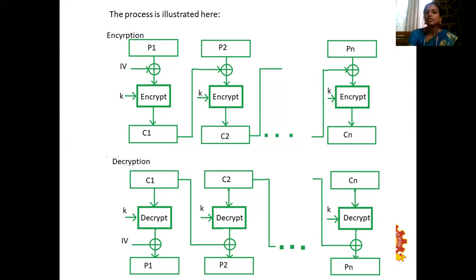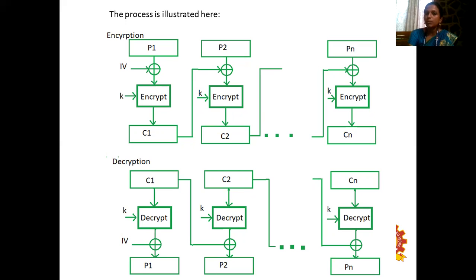Next, the output of the first block, the ciphertext C1, is given as input to the second one. Take the plain text P2, and C1 is given as the other input for the XOR. Then we encrypt it with the key and it produces C2.